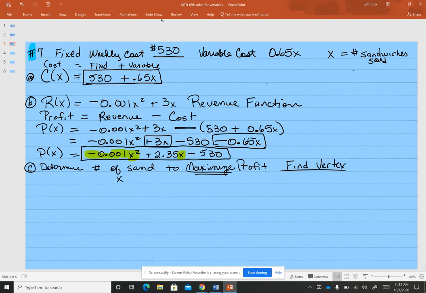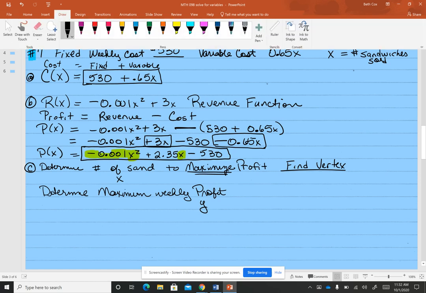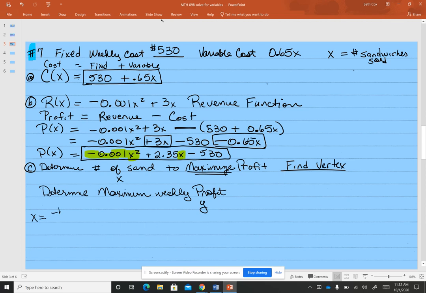We have a formula for that, so don't worry about it. We're going to determine the number of sandwiches, that's your x, and then we're also going to determine the maximum weekly profit, and this is our y. We're going to use our little formula: x is equal to negative b over 2a, taking the numbers off the function that I just had.